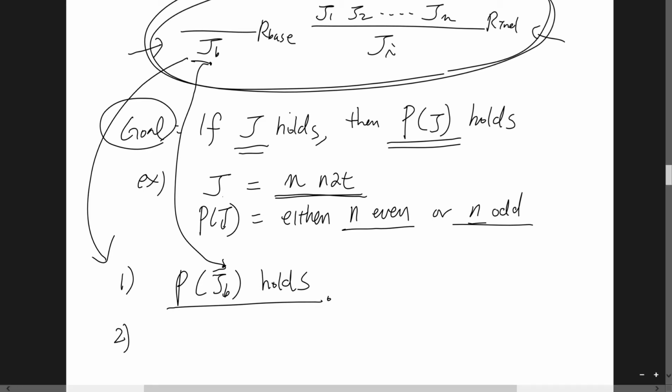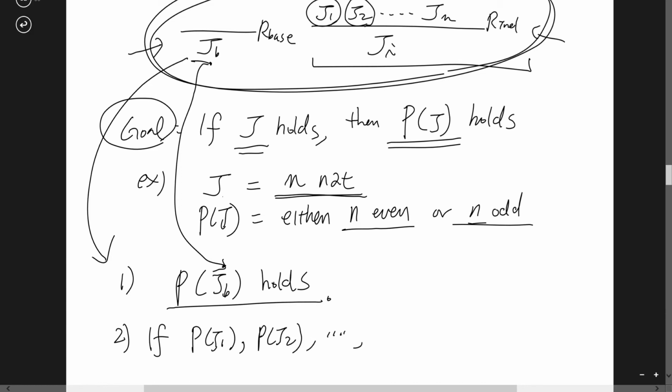And next, we consider the inductive case. We consider this inference rule, which is not an axiom. In this case, we introduce induction hypotheses. So from this judgment J1 in the premise, we assume P of J1. And from this judgment J2, we assume P of J2. And so on.